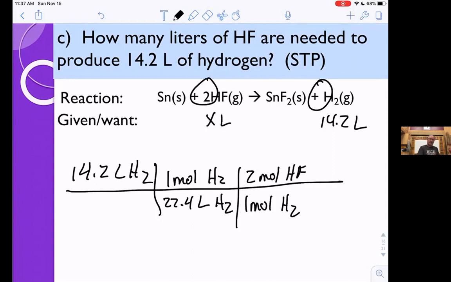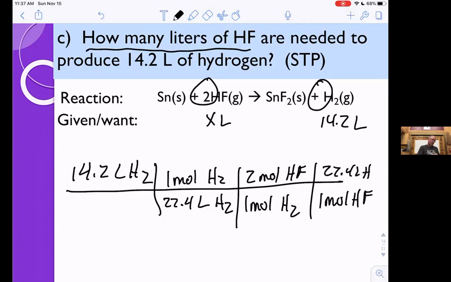It asked for how many liters of HF, so I would do 1 mole of HF is 22.4 liters of HF. Terrible liters. And my answer is 28.4 liters of HF.